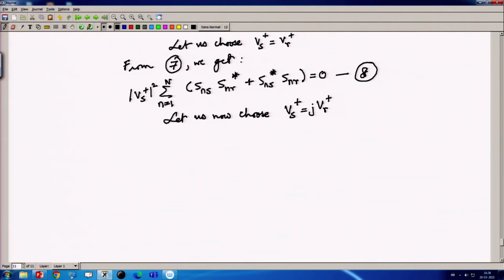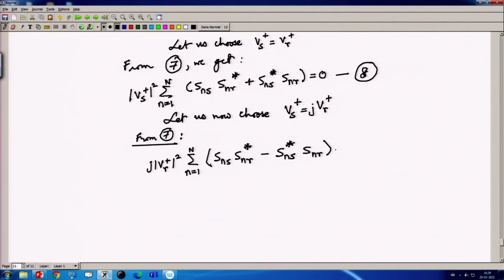If we make this choice, then we get from equation 7 again, so we call this equation 9.